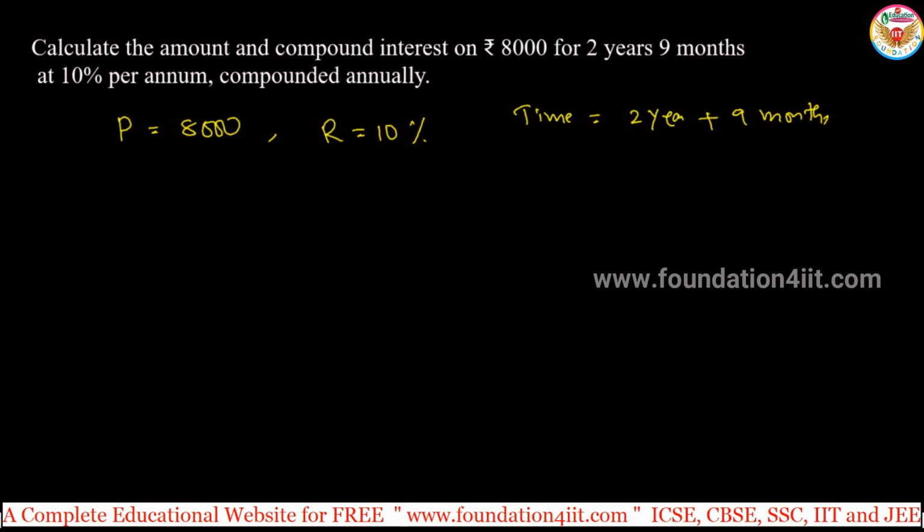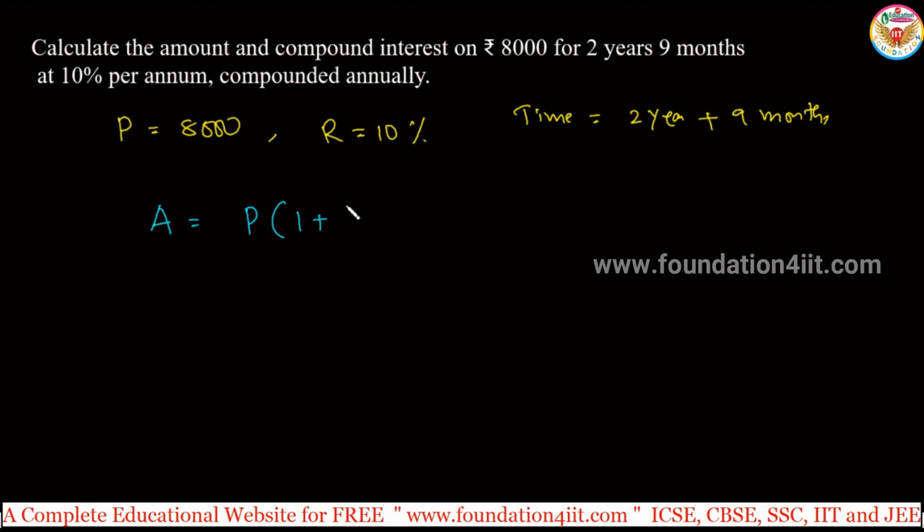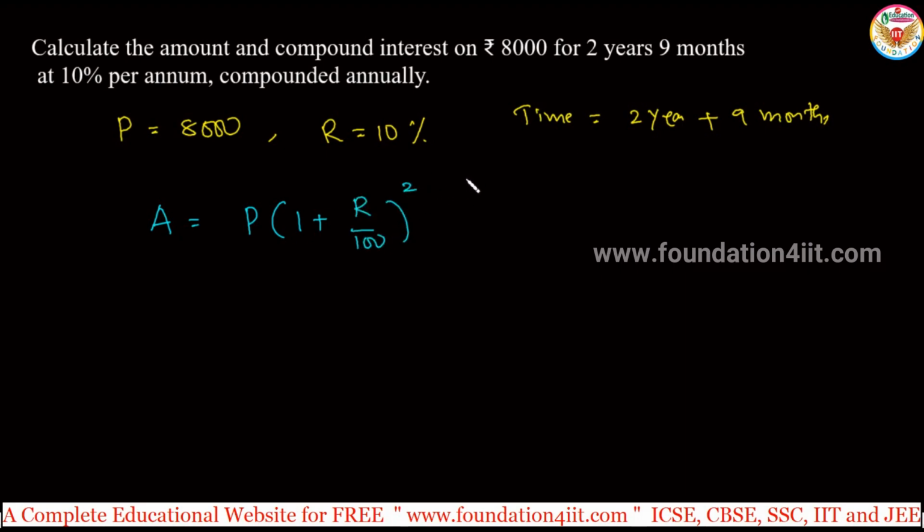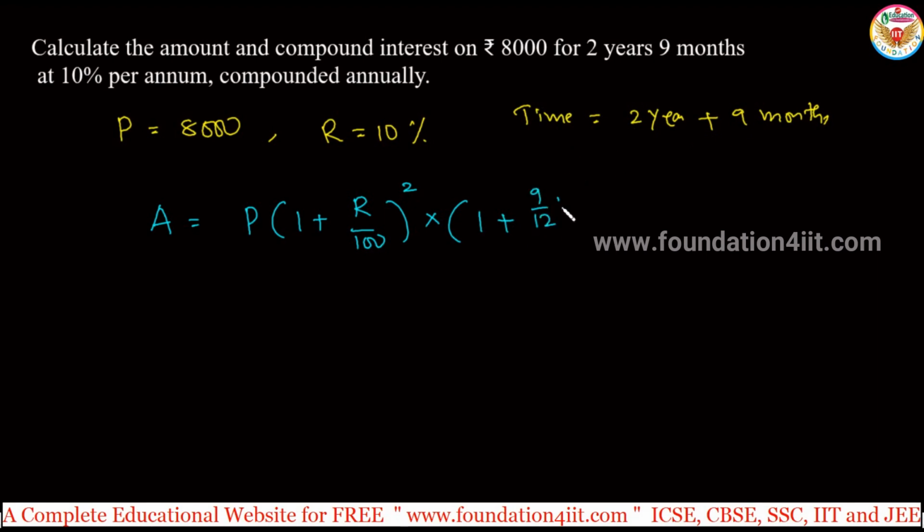Years and months combined. So the formula: amount is equal to P into, in the bracket, 1 plus R by 100 to the power 2, because of 2 years, into again 1 plus 9 by 12 R by 100, as the months are 9.